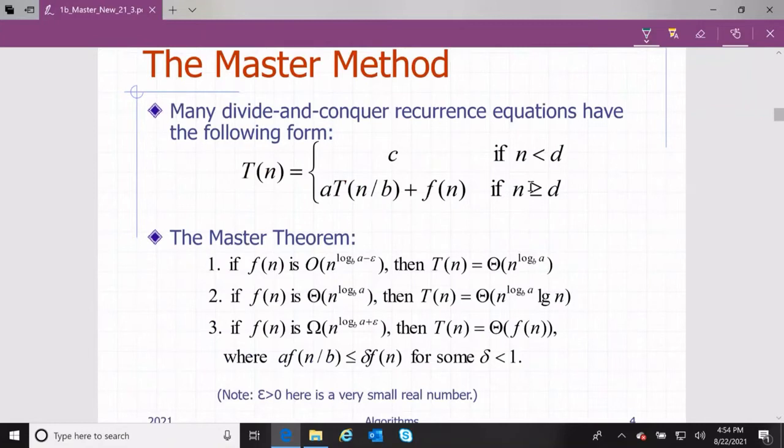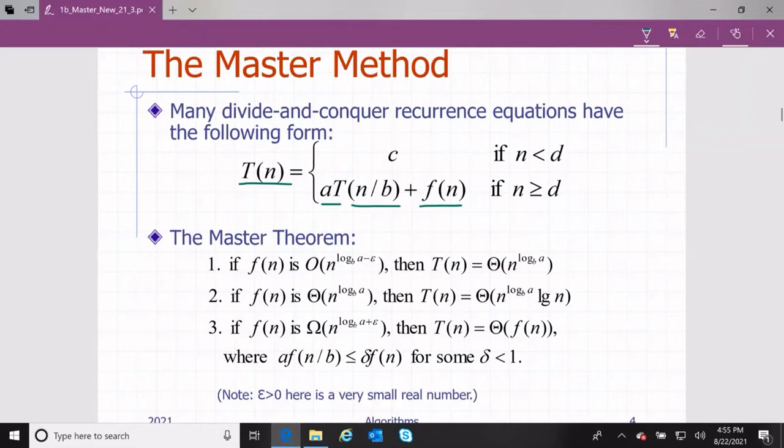Now, the following is the general consideration. That is why it is called the Master Theorem. Let T(n) be a times T of n over b plus f(n). This formula is even more general than the one we just did.